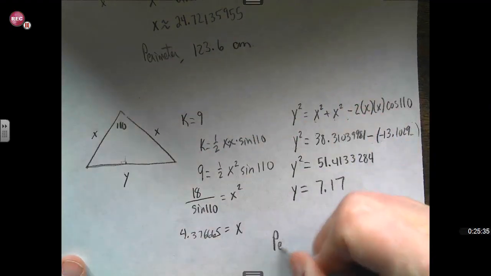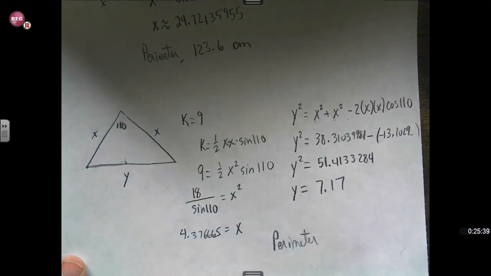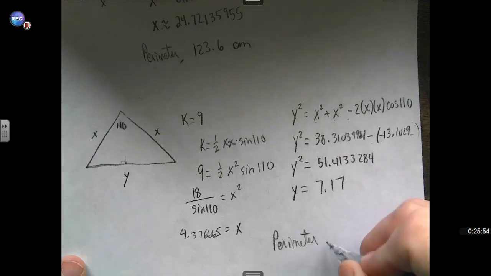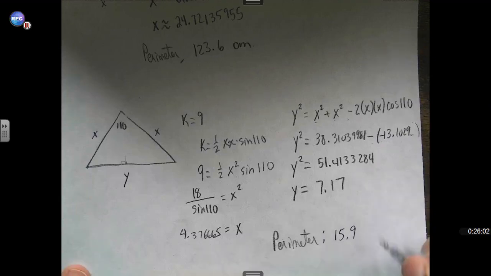So the perimeter is that 7.17 plus 2 times 4.376665. Perimeter is 15.9, if I round it correctly, centimeters.